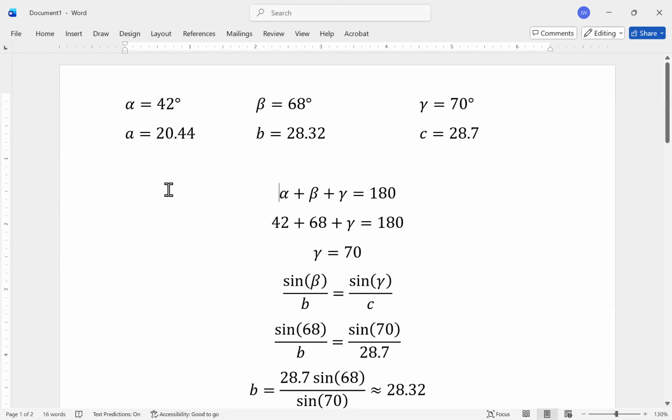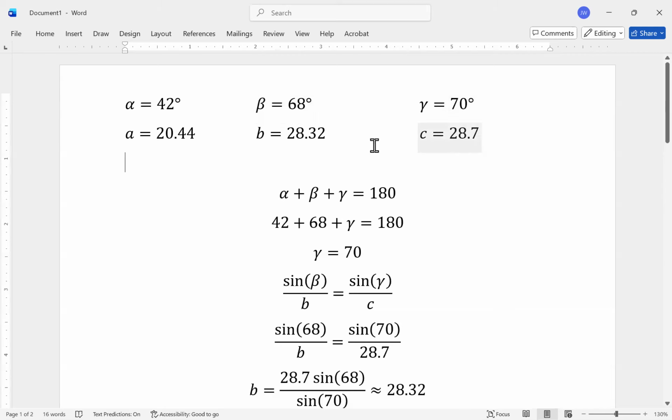I do want to point out something about this triangle just as an intuitive thing. Notice that beta and gamma were angles that were very close to each other. We had one angle at 68 degrees and the other at 70 degrees. And that meant the side lengths opposite those angles were also going to be really close to each other. 70 degrees was just a little bit above 68 degrees.